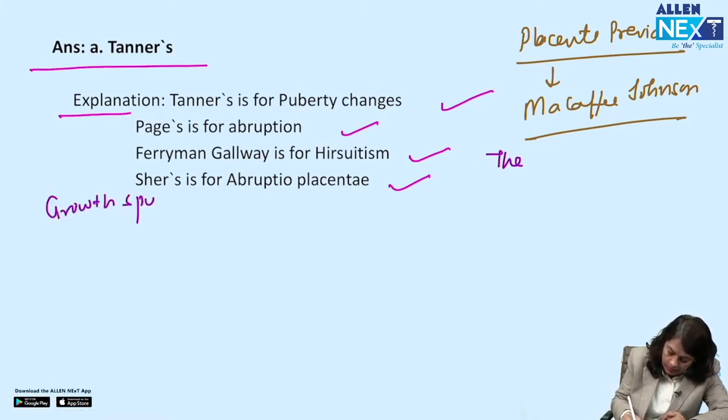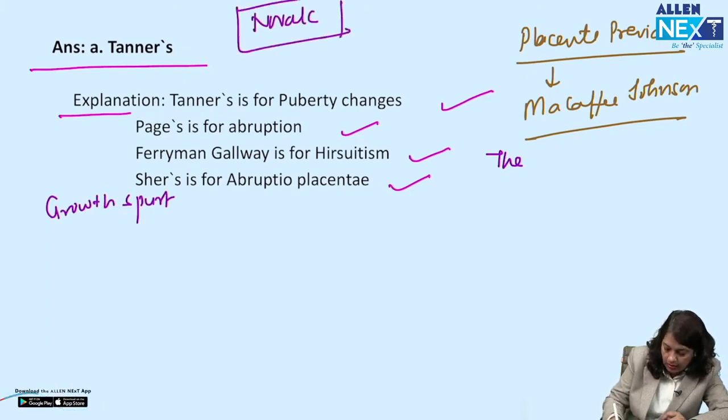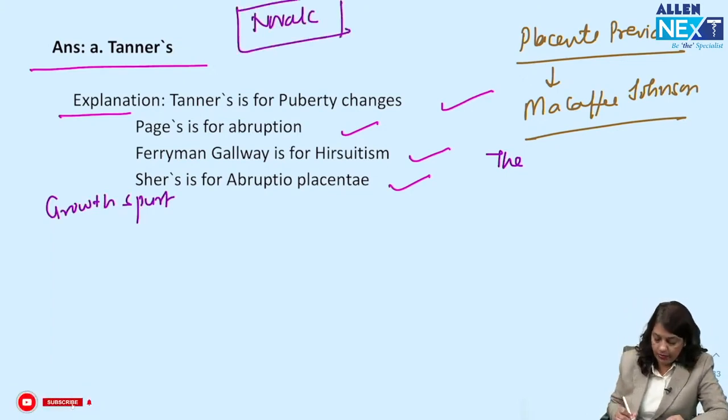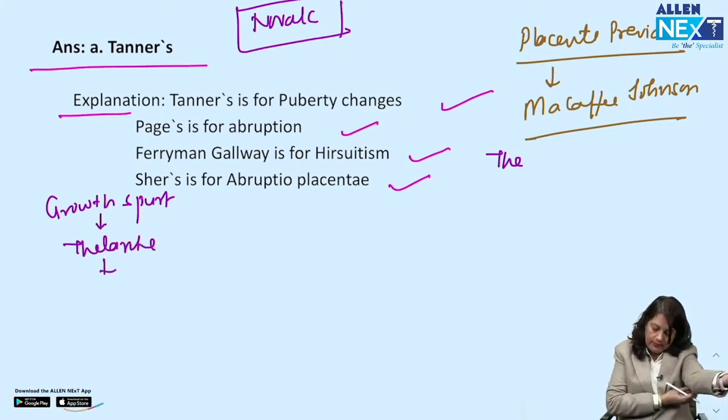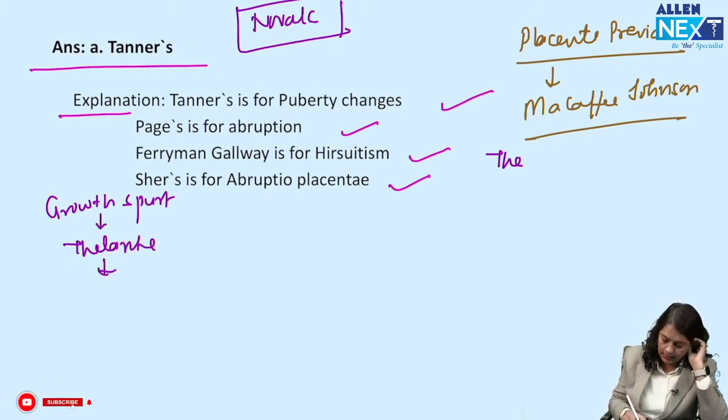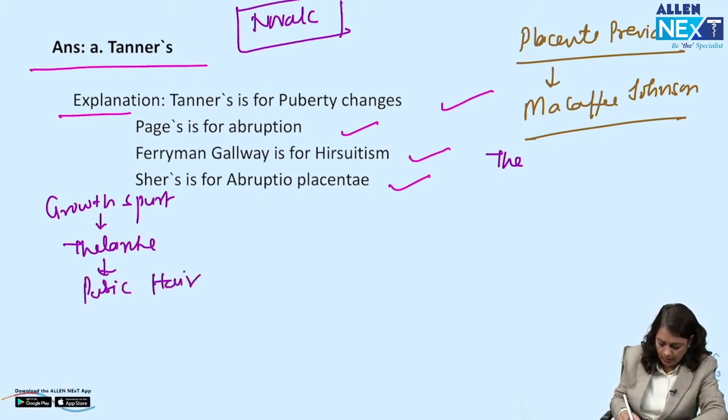Growth spurt. This is according to our standard textbook Novak Gynae, that we read in postgraduate. So growth spurt, but that is not visible. Next is thelarche. Then there is pubic hair.